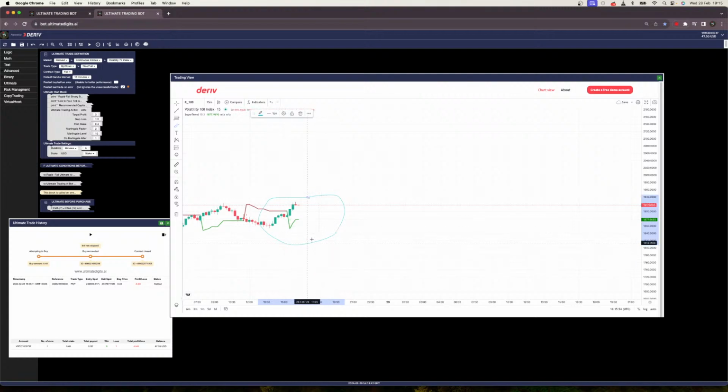Also, it's above the super trend. If price is above this super trend moving average, then we can start the trend on volatility 100 index.